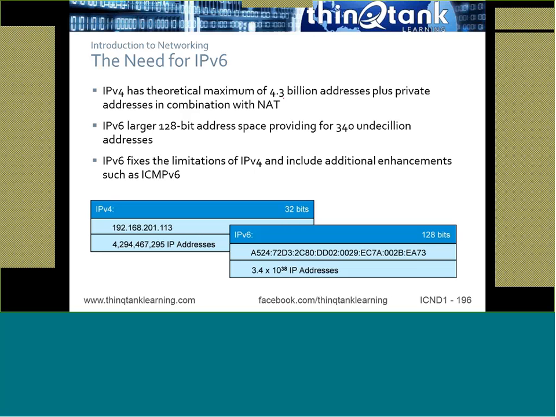Now, the challenge that people have with IPv6, and I'm going to hopefully convince you that it's no longer a challenge, is the way that an IPv6 address is written. IPv4 is simple enough, 192.168.201.113. Look at the IPv6 address, A524:72D3:T2C, etc., etc., etc. That is literally an IPv6 address.